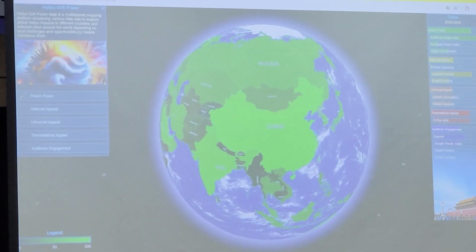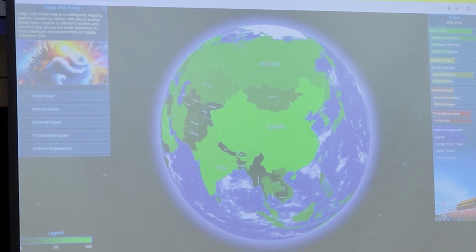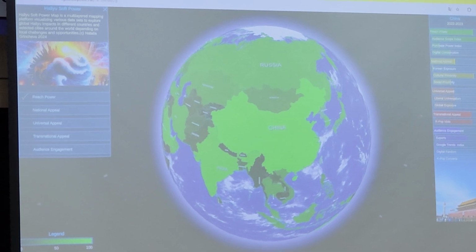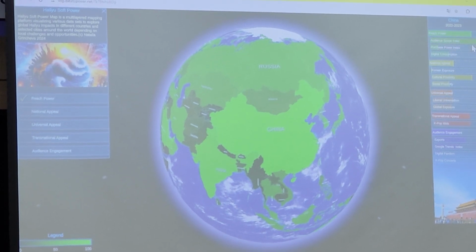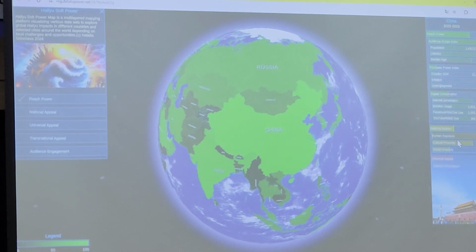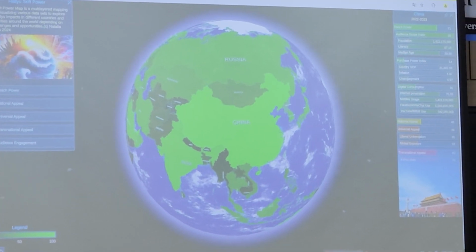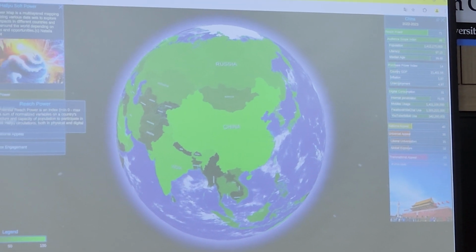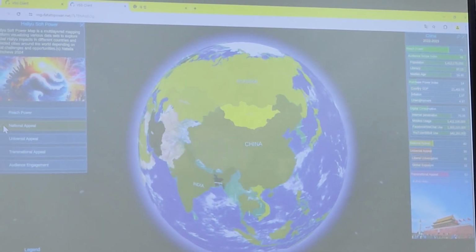And if you click each particular country, you will be able to see the score and to explore more what each score is about and why it is so high or so low. So this is the reach file, like I said, it's all about our potential targeted reach.